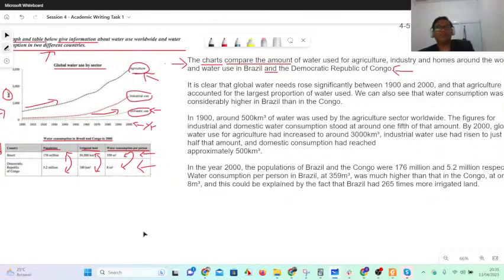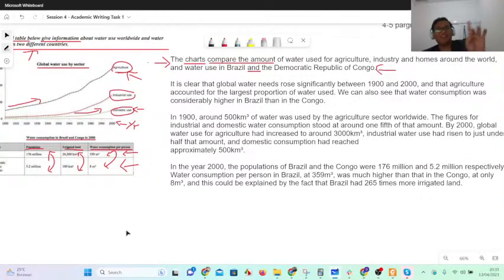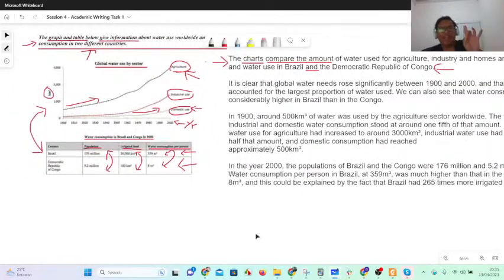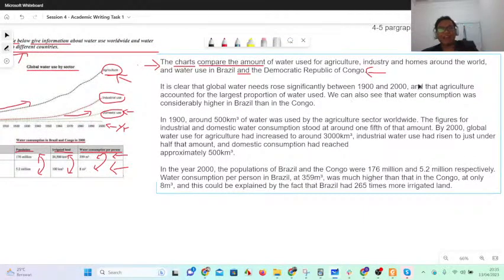Now, do note that there is almost no overlapping information. So, for example, here I mentioned that agriculture accounted for the largest proportion of the water use. I did not add that the lowest being domestic use, or that lower than that is industrial use.